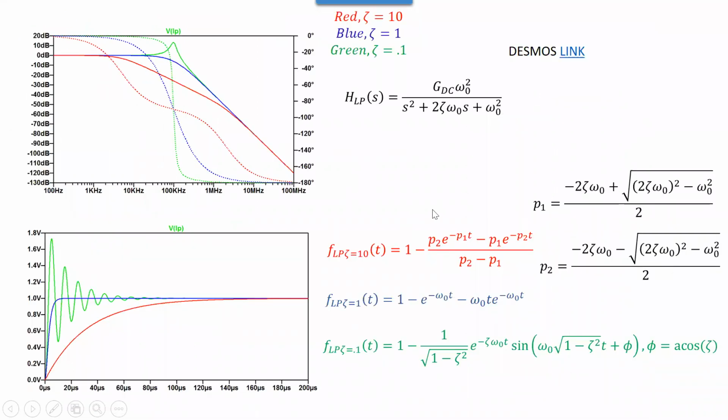Now here we have second order, which is, let's just say, a bit harder. In the Bode plot, it's easy to tell. It's low pass. We can see 2 well-defined breakpoints, so it's overdamped.